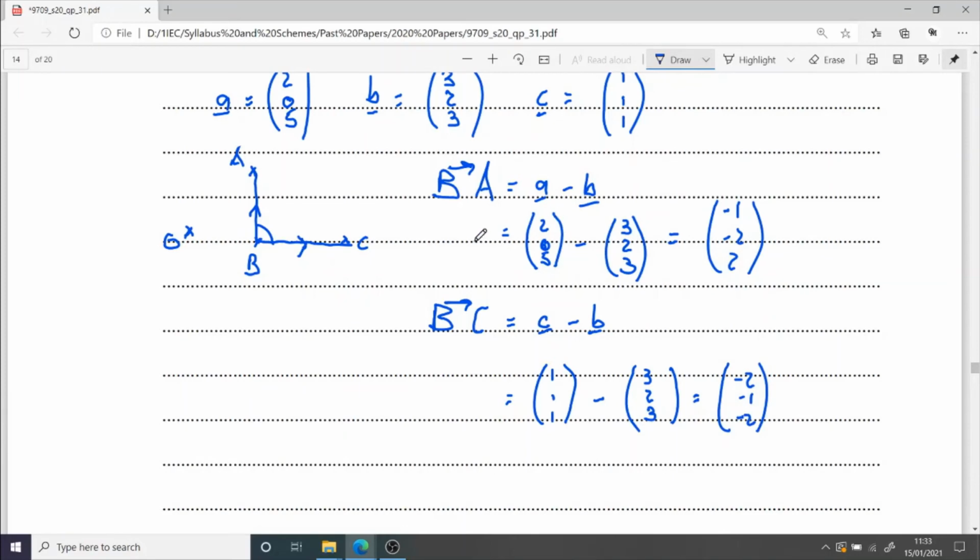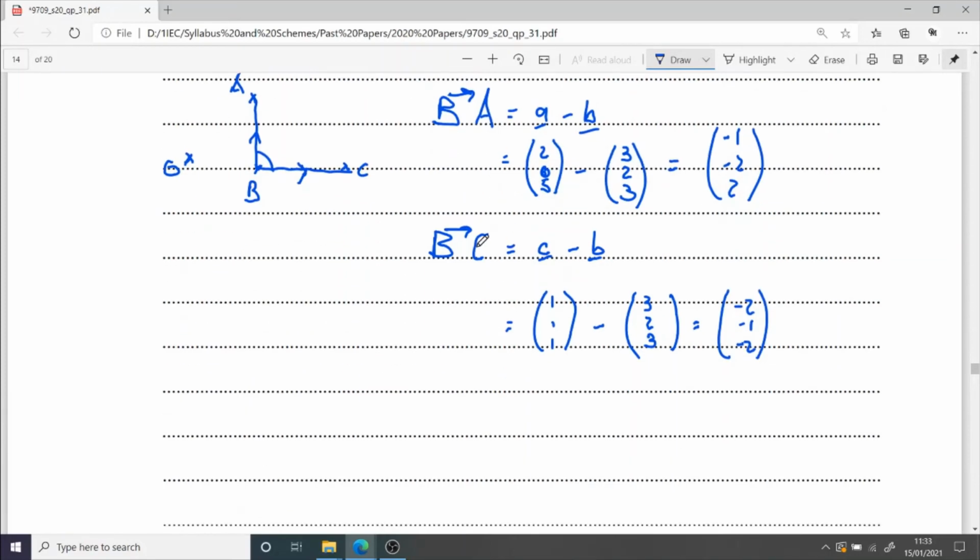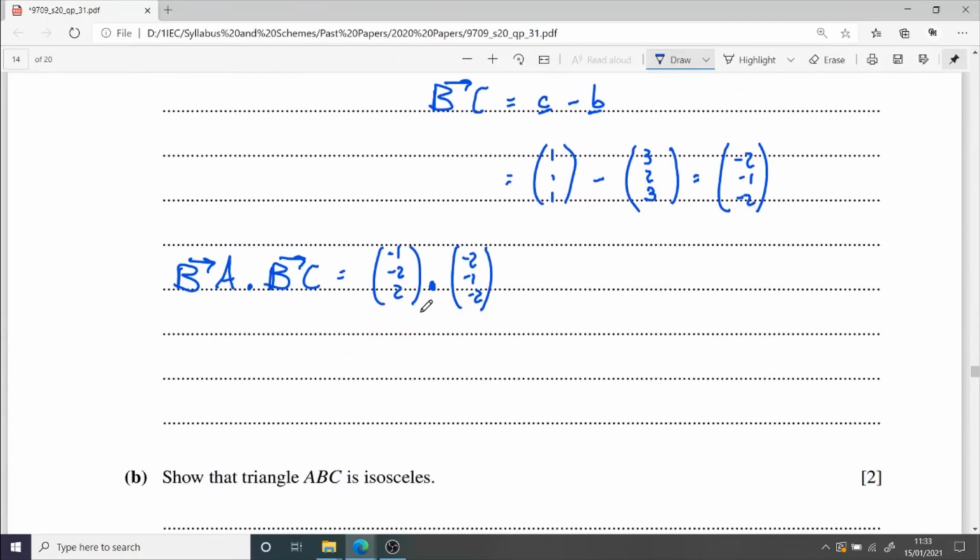And we are now going to do the scalar or dot product between these two vectors. So BA dotted with BC, -1, -2, 2, dotted with -2, -1, -2, which is equal to -1 times -2 plus -2 times -1 plus 2 times -2.